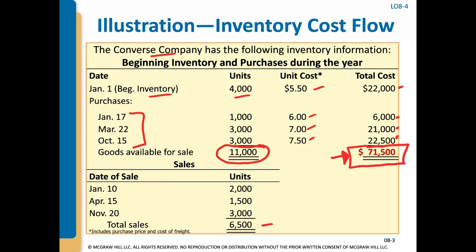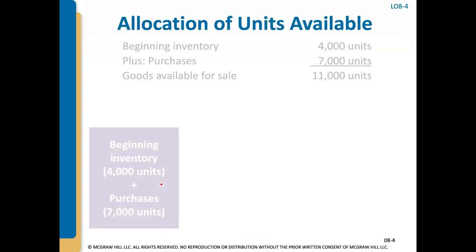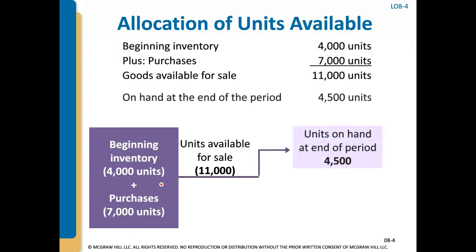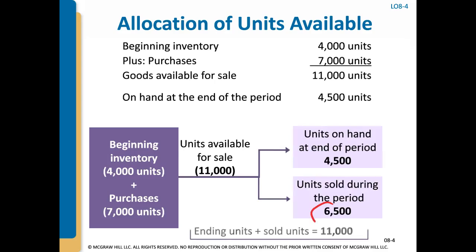The problem tells us that 6,500 units have been sold throughout the year at various times, which means that if we've sold 6,500 of the 11,000 units that we have available for sale, we have 4,500 units remaining in our ending inventory.